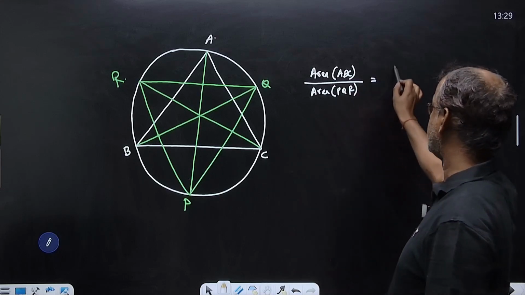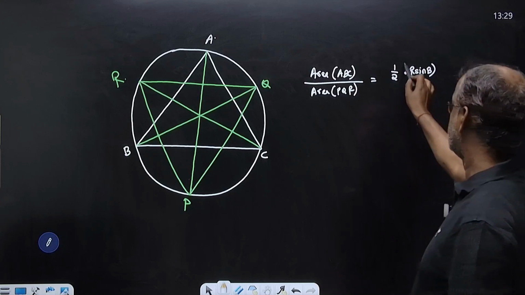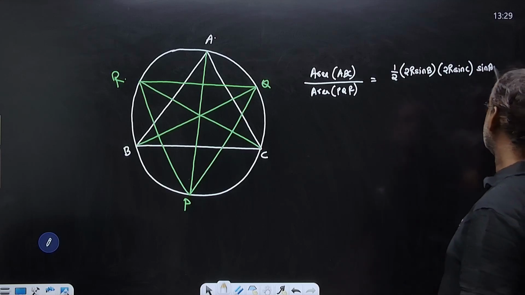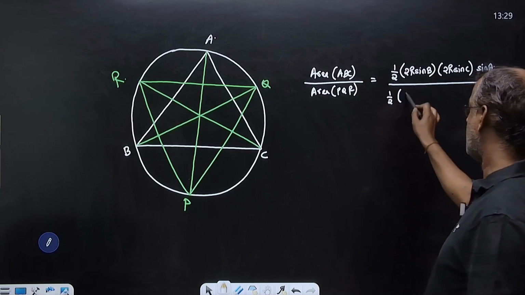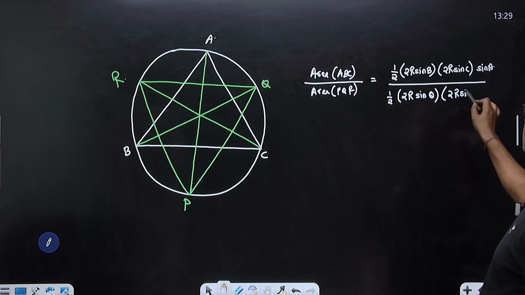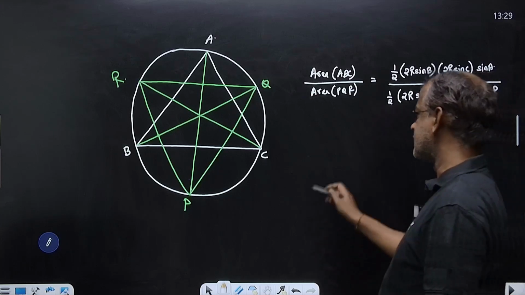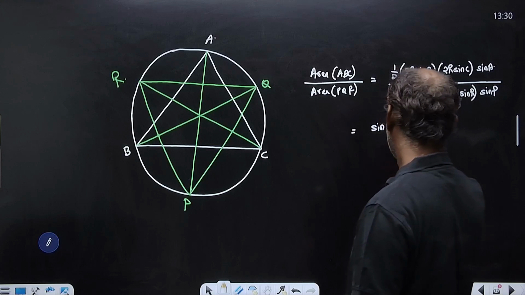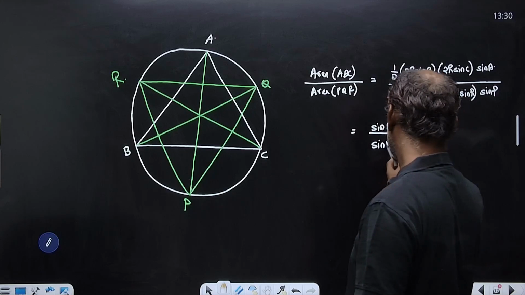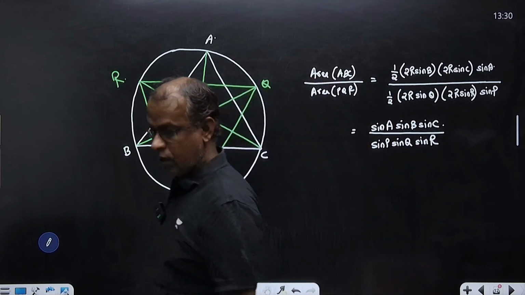Area is half BC sin A, B is 2R sin B, upon, you will see R remains the same, so sin A, sin B, sin C, upon, fine.